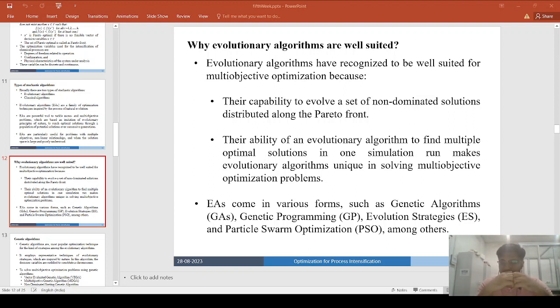So what are the non-dominated solutions? Non-dominated solutions here means you have a set of solutions where, if you try to divert from one and choose another solution, you might have to trade off with another objective function for one objective function. Those types of solutions are called non-dominated solutions.